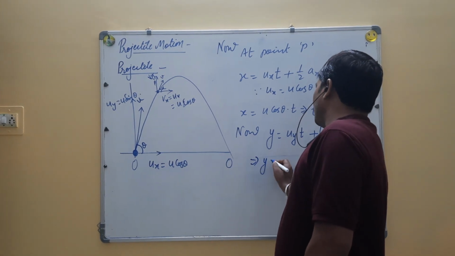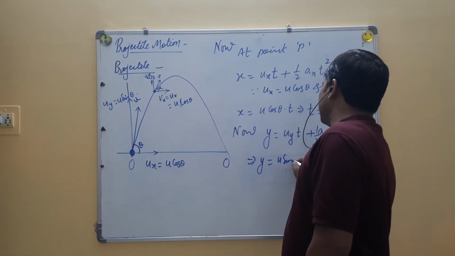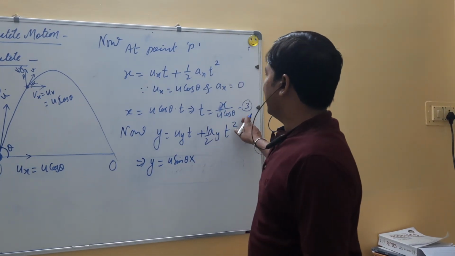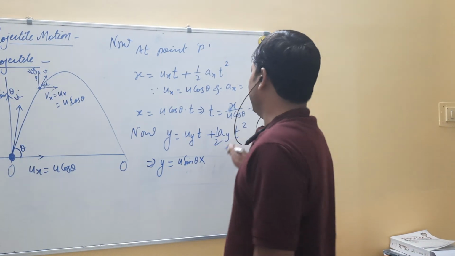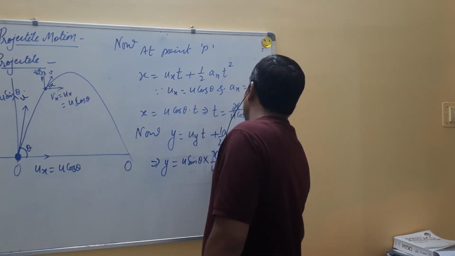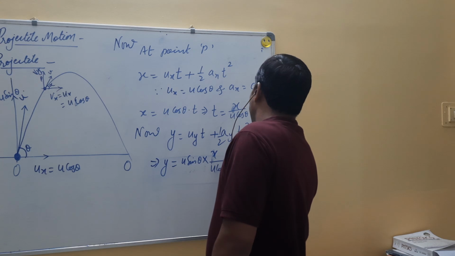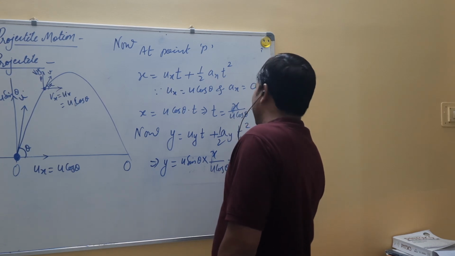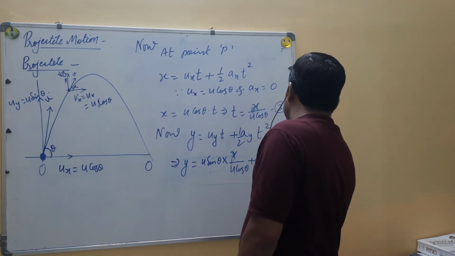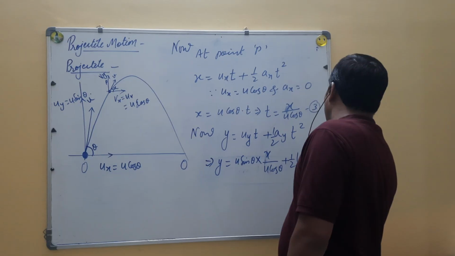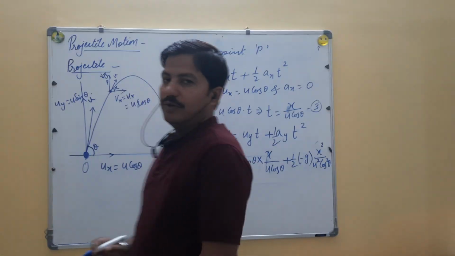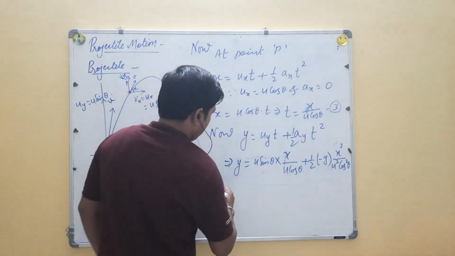Putting the value of uy, that is u sin theta, into t, where the value of t is taken from equation 3, which is x upon u cos theta, plus 1 by 2 and ay is equal to minus g. So this is minus g, and t square is x square upon u square cos square theta. We are going to find its equation.